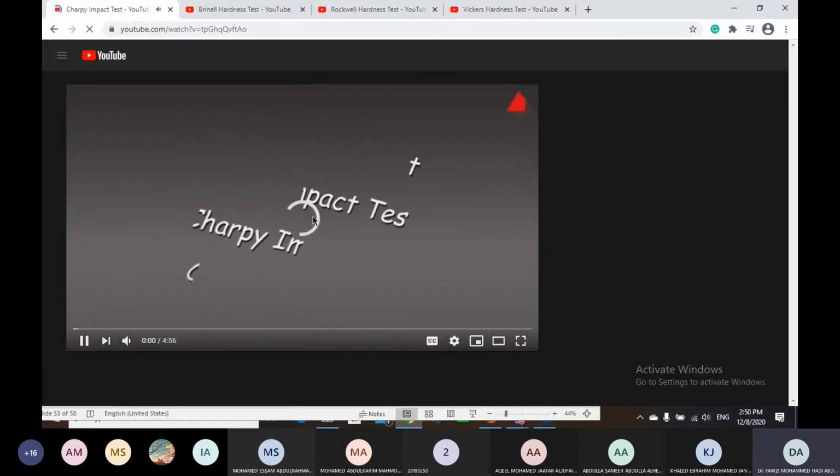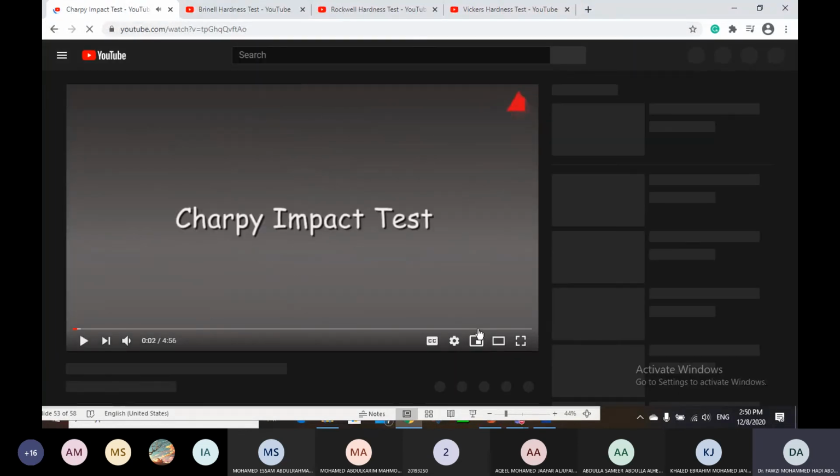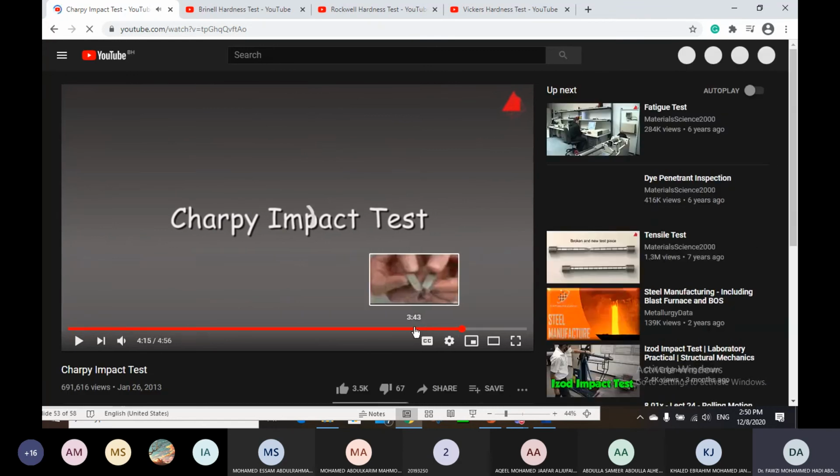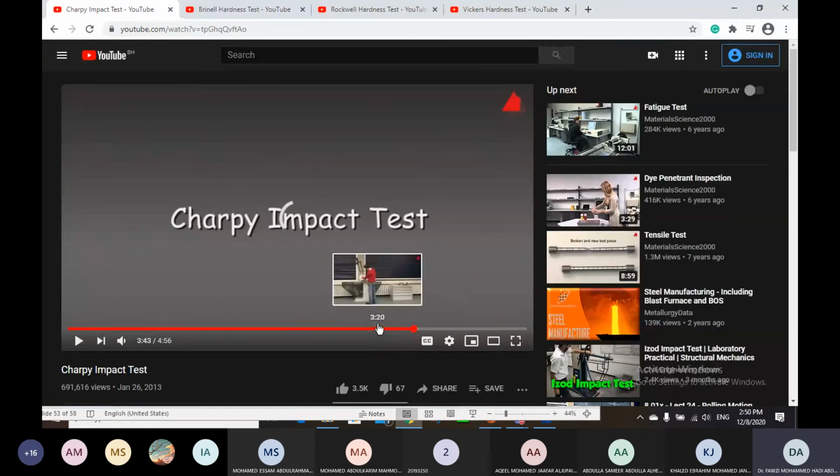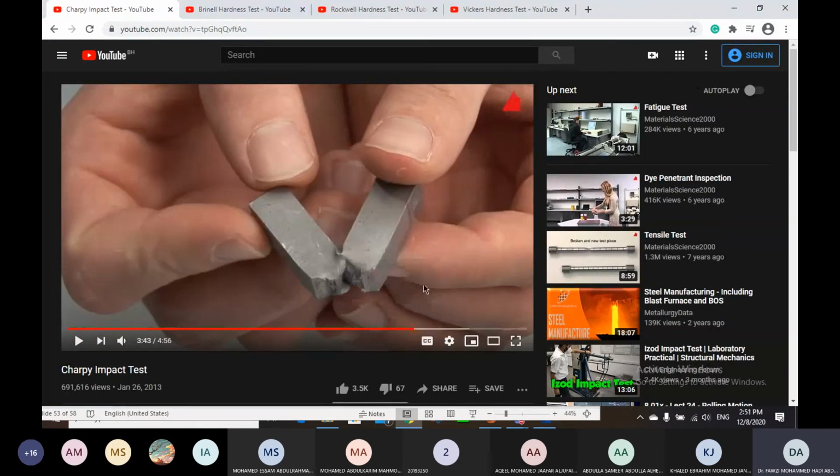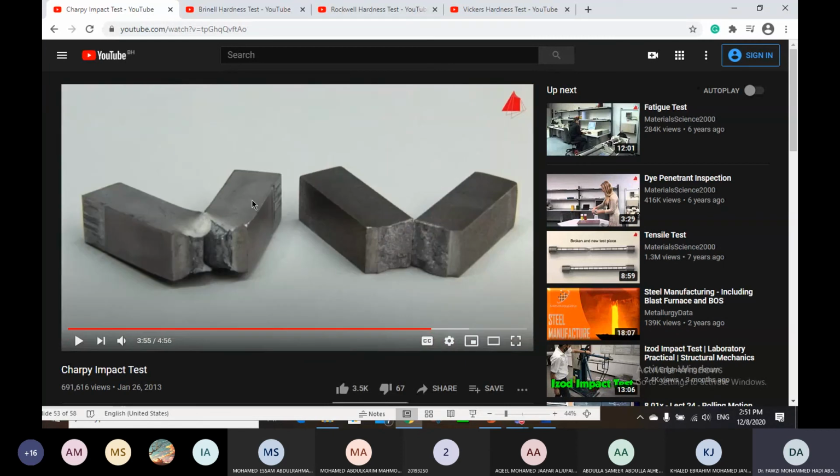Number two, in the impact test that we were doing there, the Charpy test that we did, when you get the energy in joules of the different materials, you need to also do something, because maybe the size of this specimen is different than the size of that specimen.